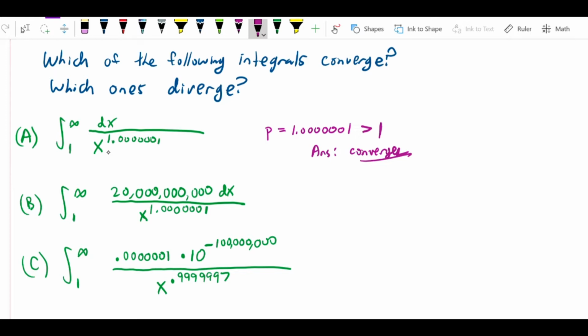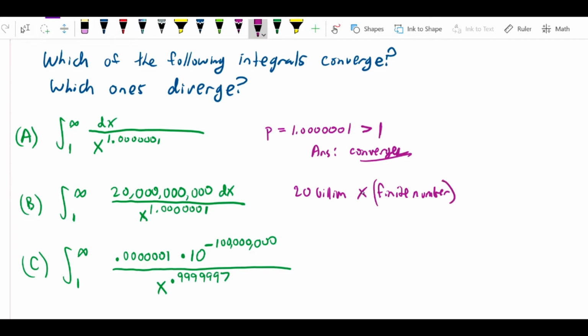Now, for b, we're taking the same integral, but we're multiplying it by the number 20 billion. Surely, if I take this integral and multiply it by 20 billion, that must make it go out to infinity. But it doesn't, because this is just going to be 20 billion times some finite number.